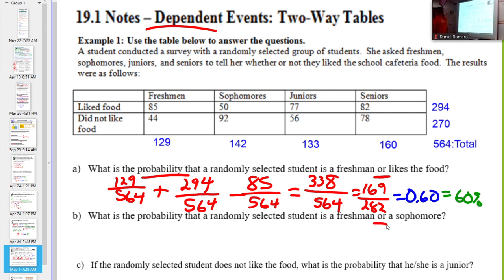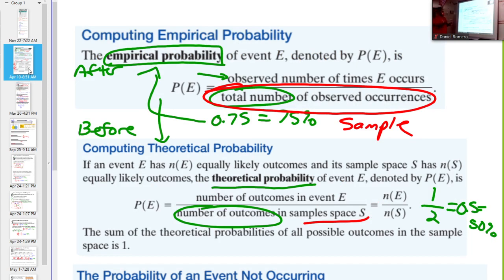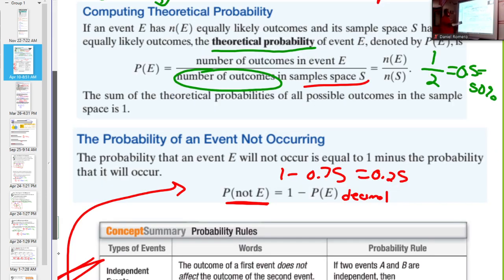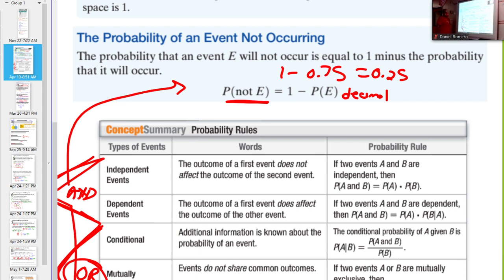And another thing I want to go back and add to this. We already did word association: intersection is associated with AND, union applies to OR. Here's another thing you want to remember. AND goes hand in hand with multiplication. When you're calculating AND probability, usually there's going to be multiplication involved.